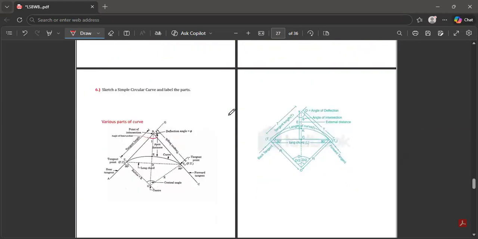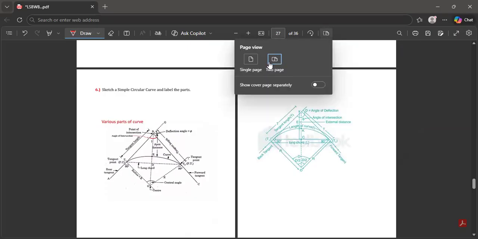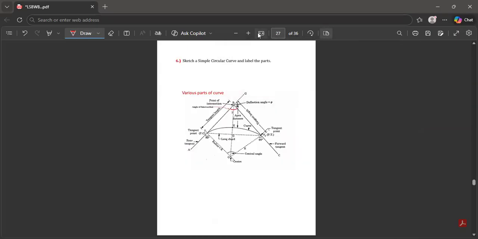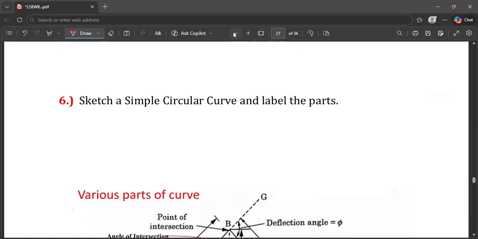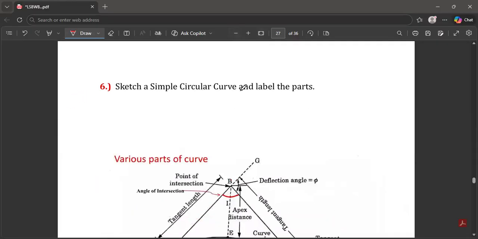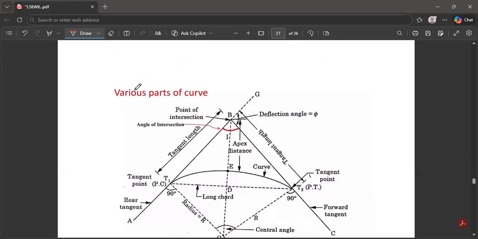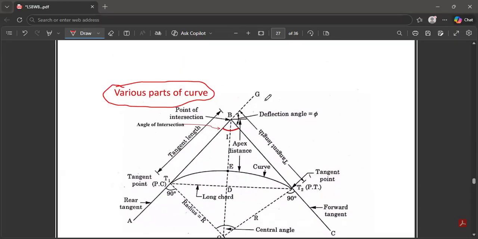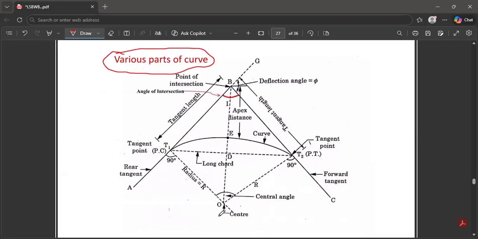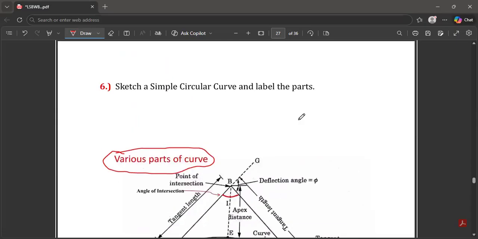What other question do we have? This question says to sketch a simple circular curve and label the parts. As you can see, these are the various parts of a circular curve. Take a clear look at them and you should be able to draw the simple circular curve and label the parts.